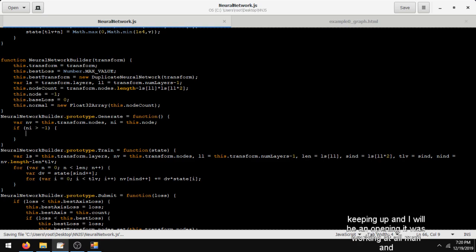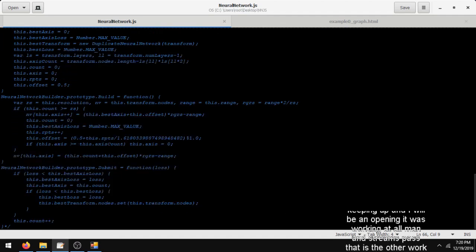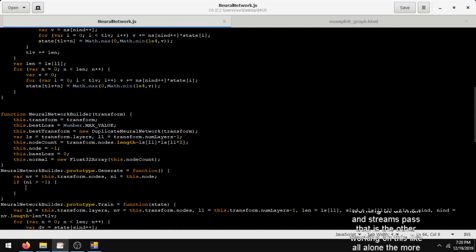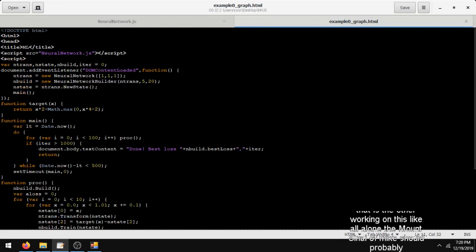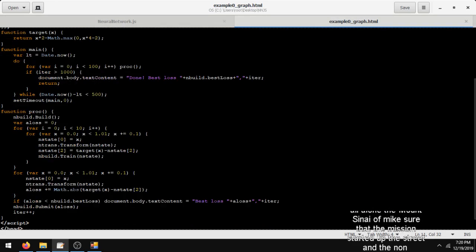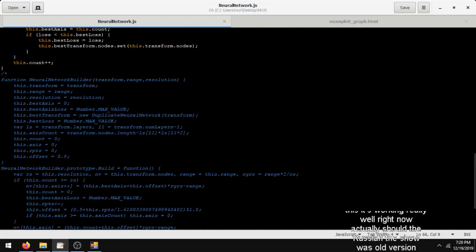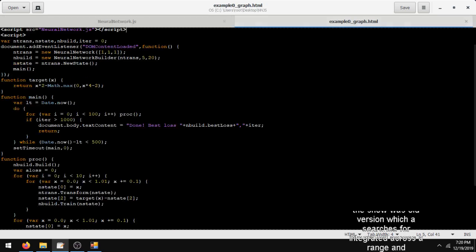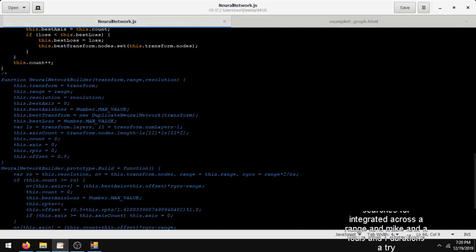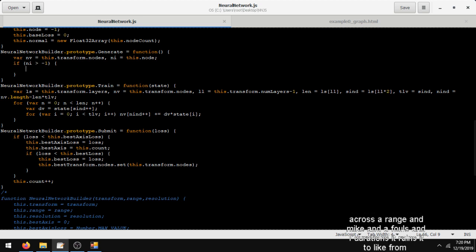Oh man, I haven't been streaming these past few days, but I've been working on this a little bit on the side, and I've been like, I probably should have started up the stream and been sharing this. It's working really well right now. I should have shown this old version that just searches through the grid across a range, and in 1,000 iterations it trains it to about 1% accuracy, which I think is really good.